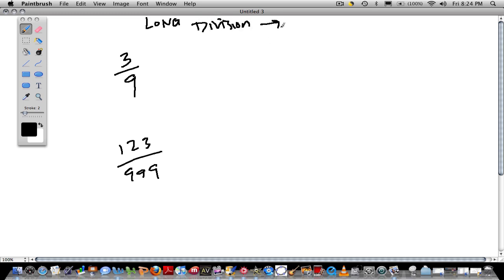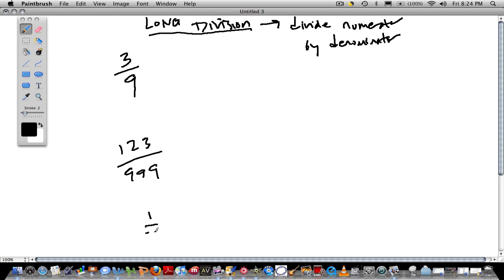What you do is you divide the numerator by the denominator. And what you're going to find is, if I keep going, at some point I'll find a repeating pattern, or I'll find that this terminates. So we'll try these examples.